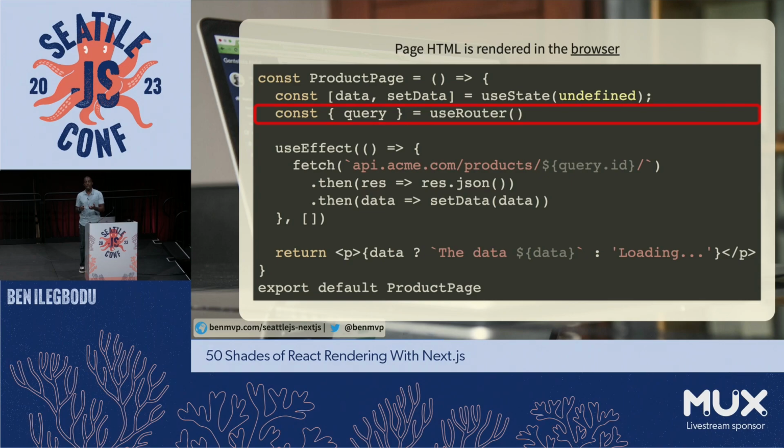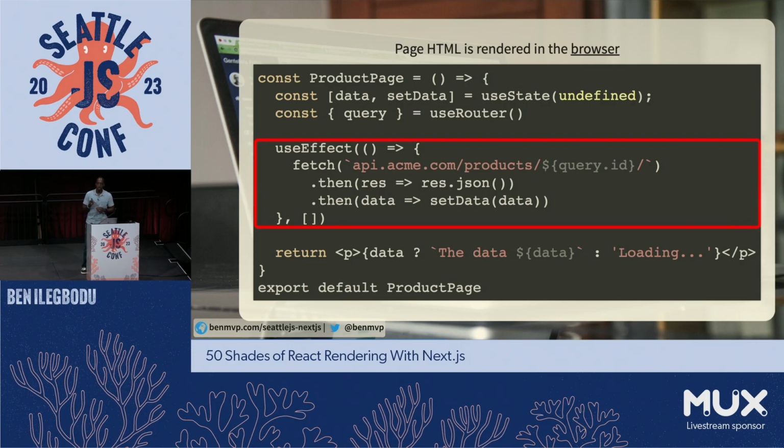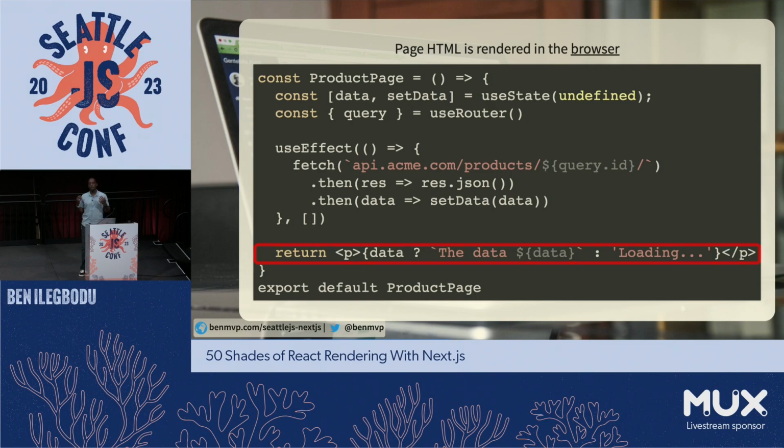It puts that ID into the query object that it gets from Next.js's built-in router. Then after that, we'll make an API call to the product API inside of the useEffect. So all of this is happening in the browser. And then finally, React will render out the page directly in the browser. So everything is happening there.